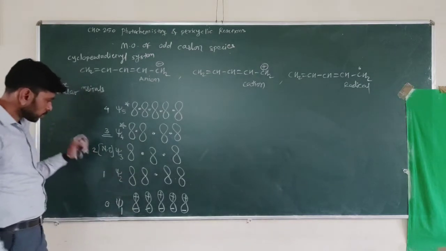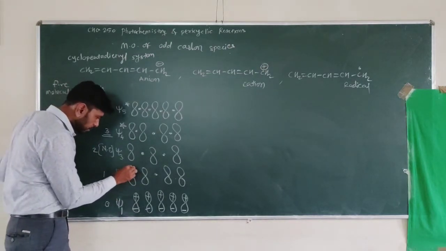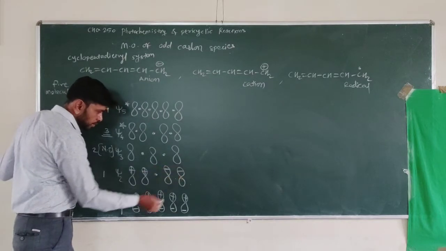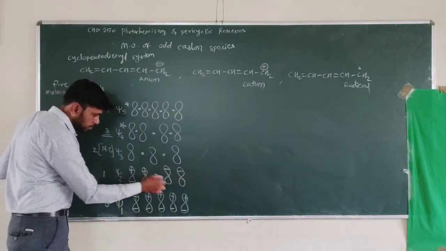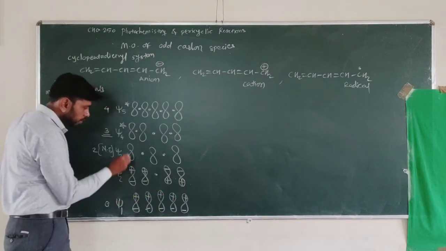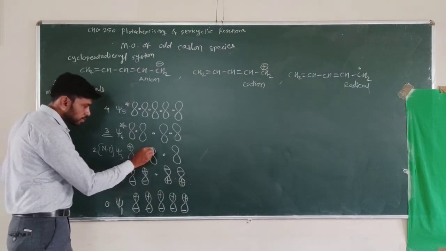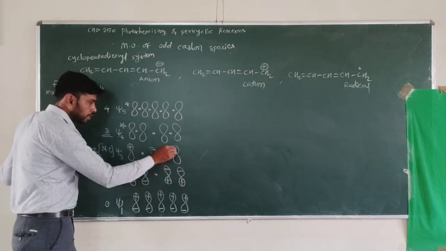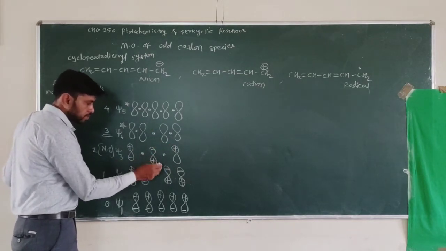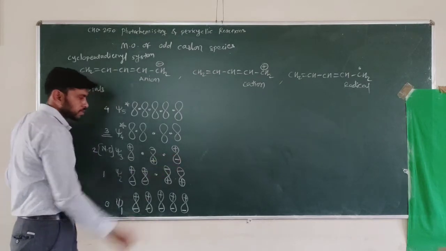Okay, so give the signs here. Start with plus. Here plus, after the node it becomes minus, minus. So minus, minus, after the node it becomes plus, plus. Here plus, after the node it becomes minus, after the node again plus. So minus, after the node plus, after the node minus.